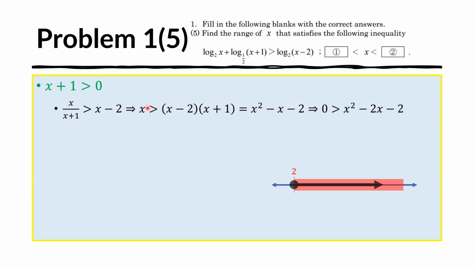And now if we move this x to the other side, we get 0 on this side, and on the other side we get x squared minus 2x minus 2. So now we only have to worry about this inequality.